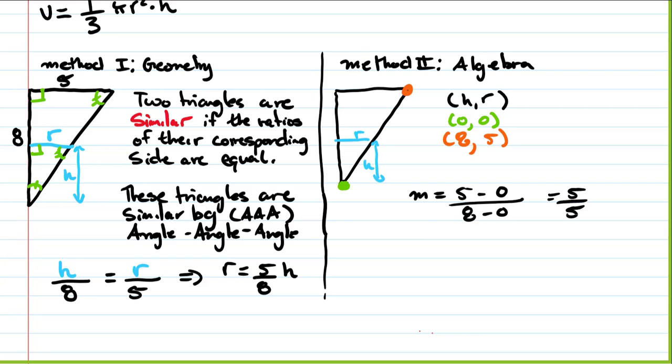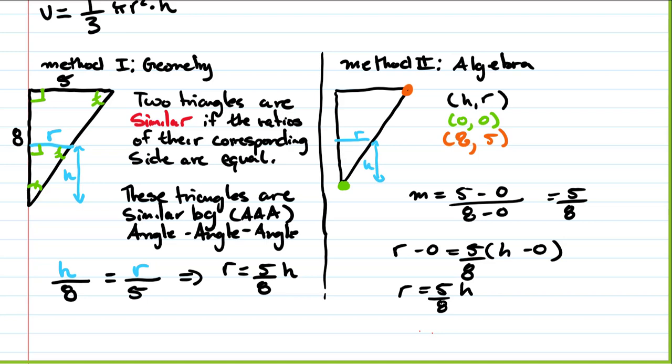And then it contains the origin. So my equation is r minus 0 equals m times h minus 0. But m is 5/8. So simplifying, we get r is equal to 5 over 8h.